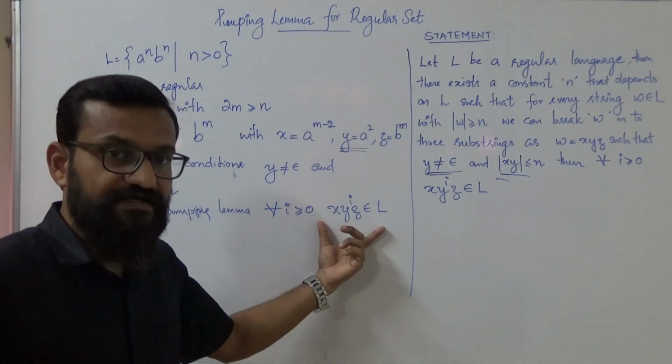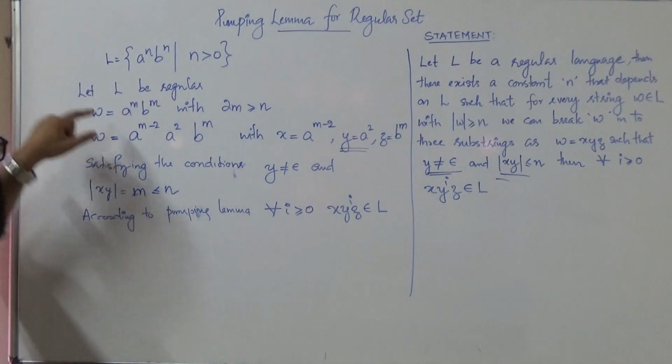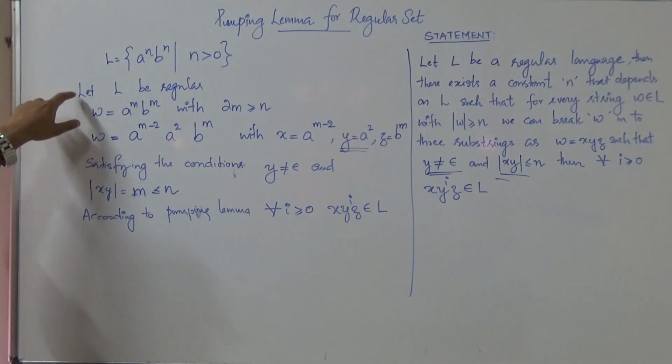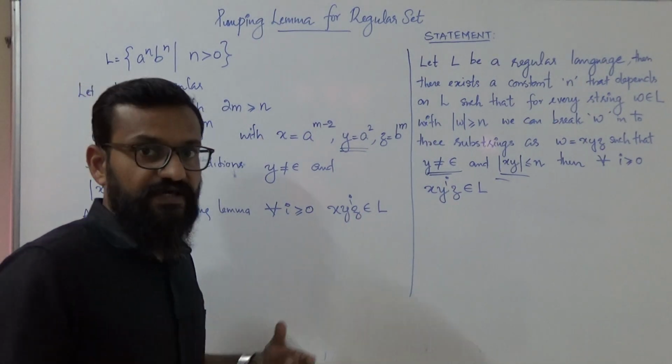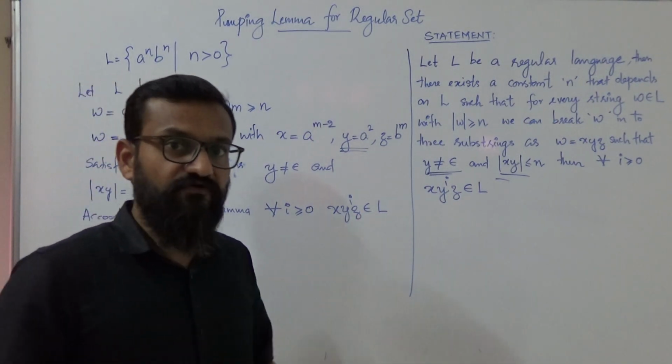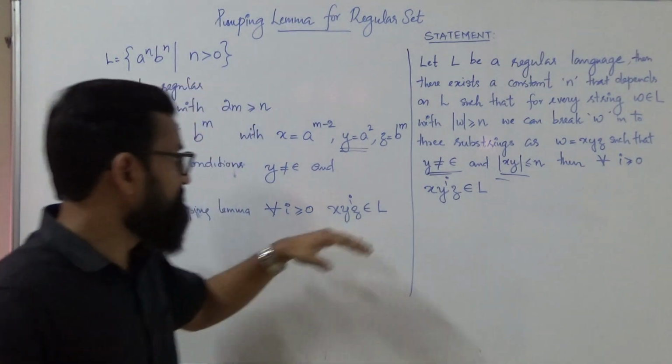If it violates this condition, then that contradicts our assumption, because we assumed that L is regular. If L is regular, then it must satisfy this condition. So our ultimate aim is to identify a value of i for which it fails to satisfy this condition.